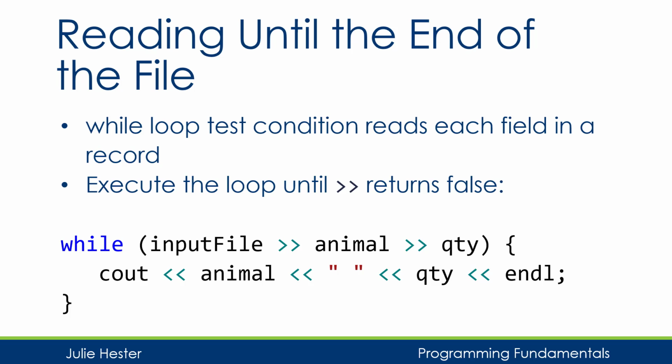So here, I'll attempt to read 2 fields from the file. If I did successfully read them, then I'll go into the body of the while loop and display the values, or I could put them in a vector or whatever I want to do with them. Then I'll go to the next iteration of the while loop, which will attempt to read the next record, and this will continue until we get to the end of the file and the extraction operator returns false.